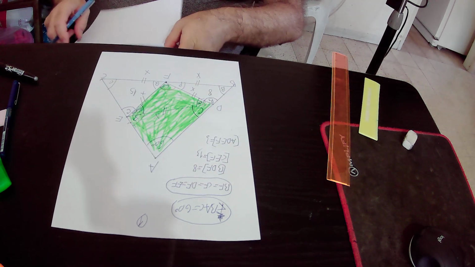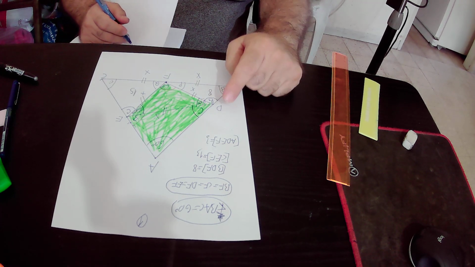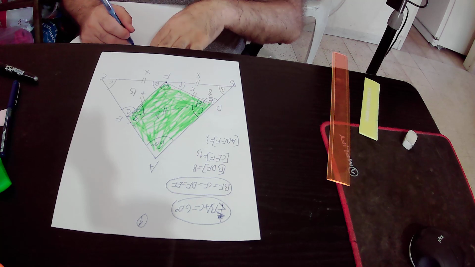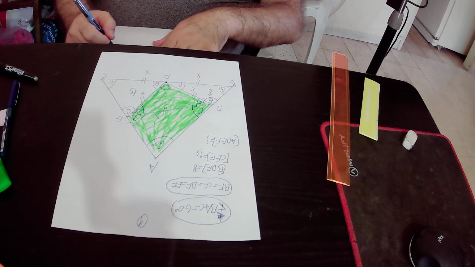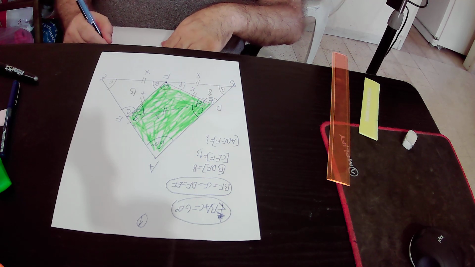And we also know that angle ADE, this angle, is equal to angle ACB in triangle ABC.